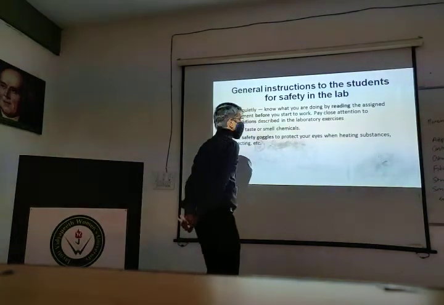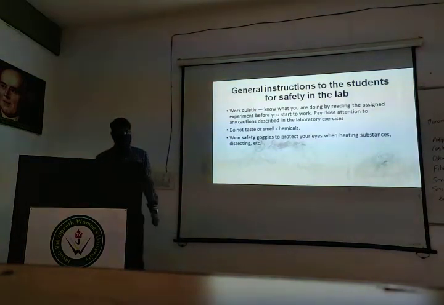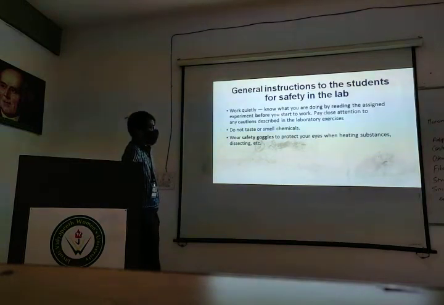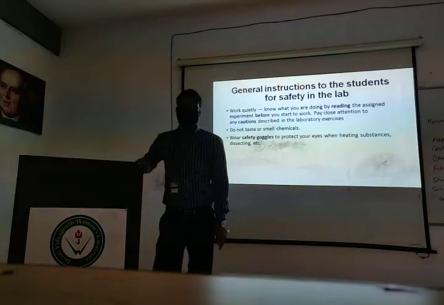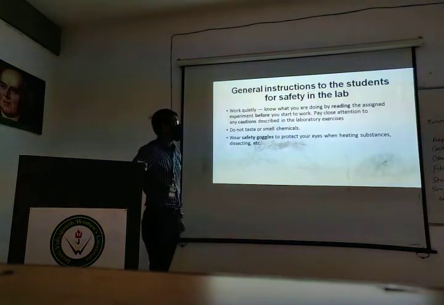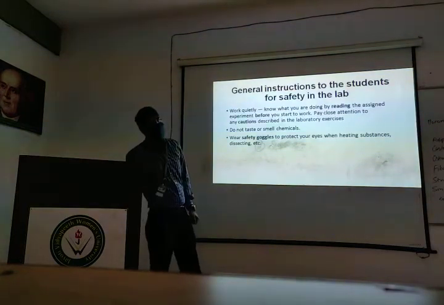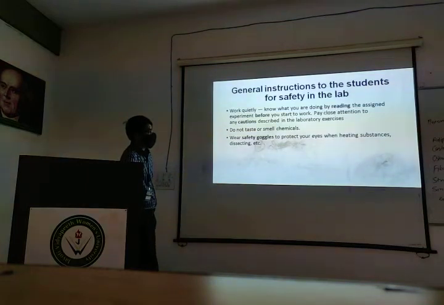We have to understand the theory completely before we enter the laboratory and do the experiment by hand. So we have to read the assigned experiment before starting and pay close attention to the cautions described in the laboratory exercise.